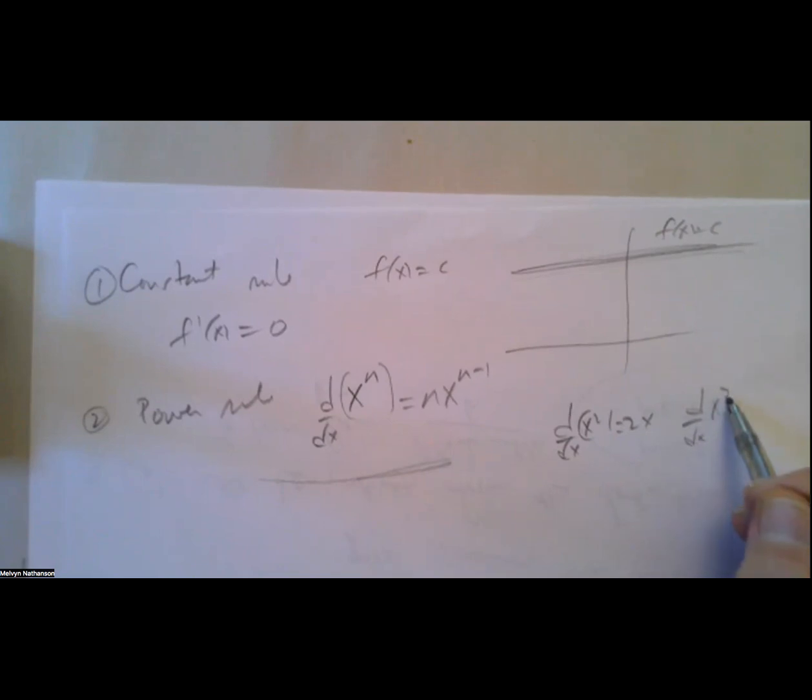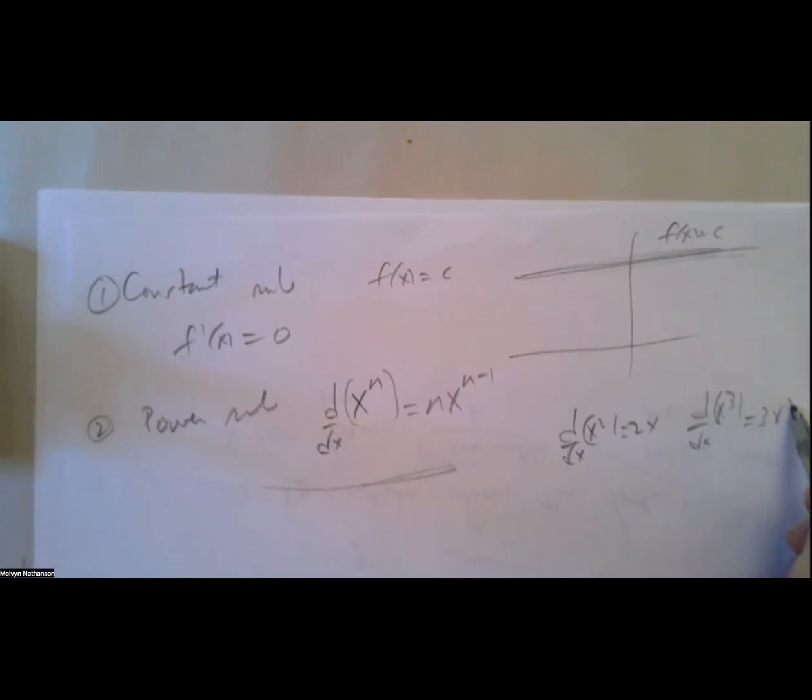The derivative of x cubed is 3x squared. Okay, that's the power rule.